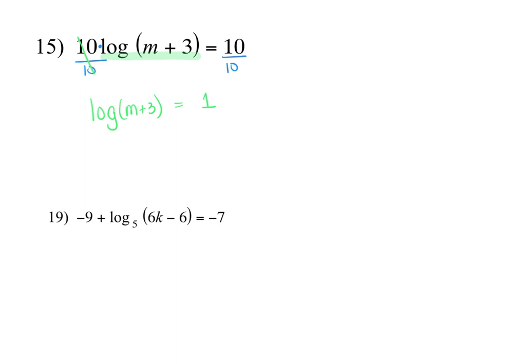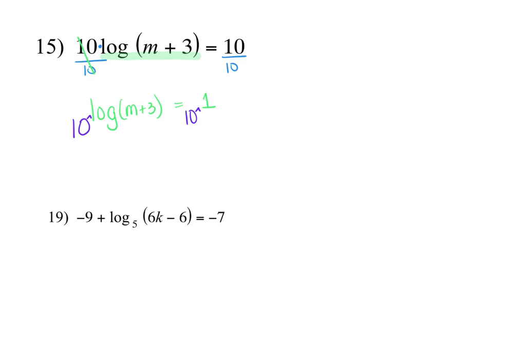So now I need to decide what base does this log have. If you do not see a base, what is the assumed base for log? 10. So I am going to use an exponential base of 10, 10 to the power of log m plus 3, and 10 to the power of 1. Okay?